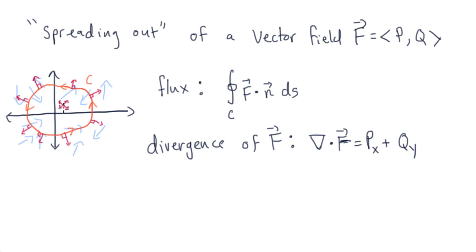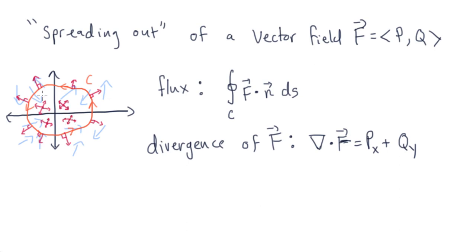So you can think about how much of the field is moving away from that point. And over here at this point, we can measure or quantify, using the divergence, how much of the vector field is spreading out away from that point.